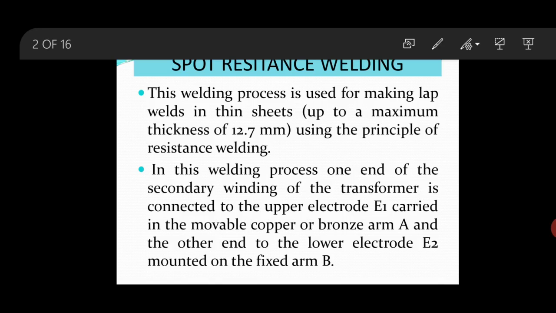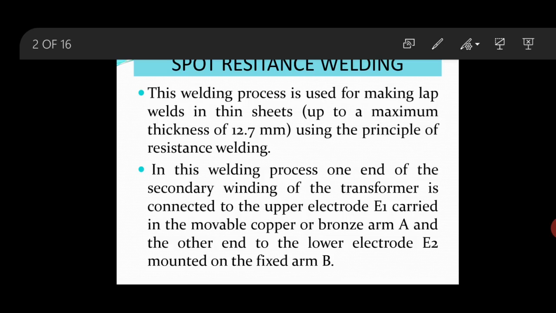Lap joint, have you already studied it? No, you will study it in the 5th semester, in the machine design part, on weld joints. So a lap joint is where the two workpieces will be one above the other.